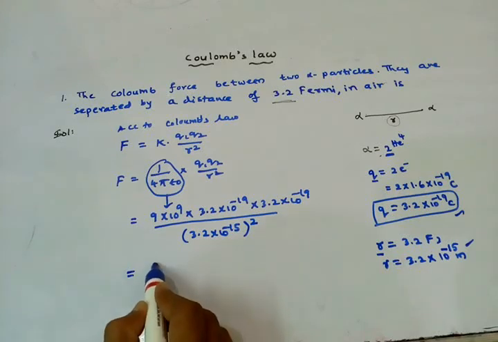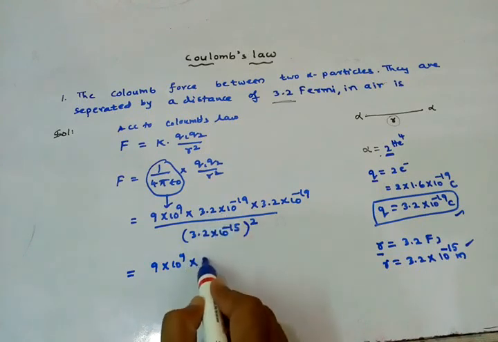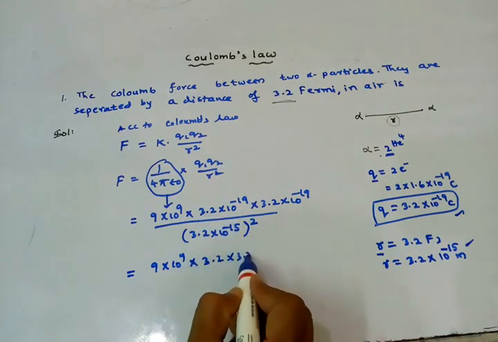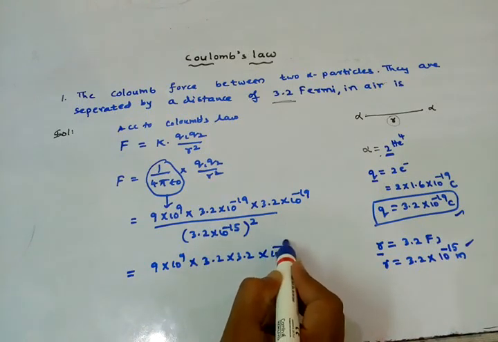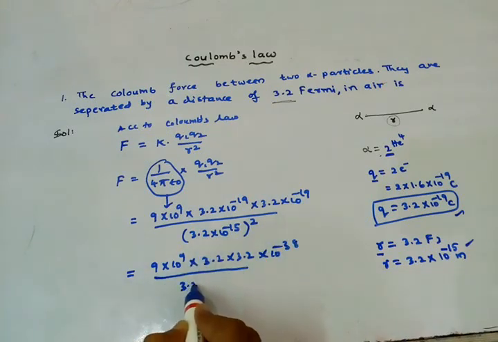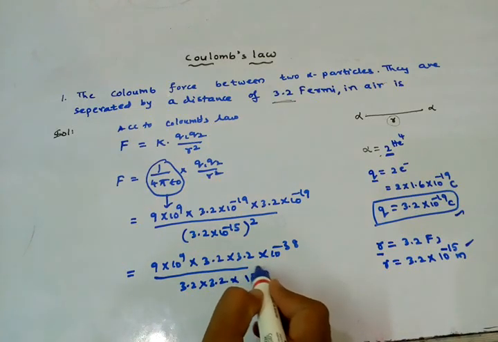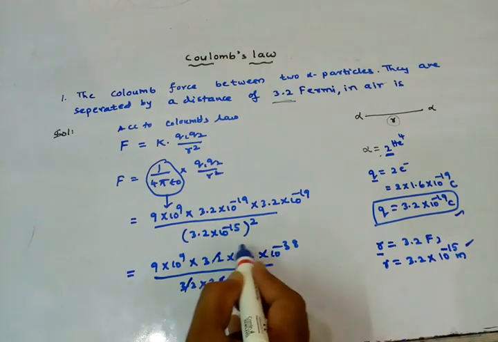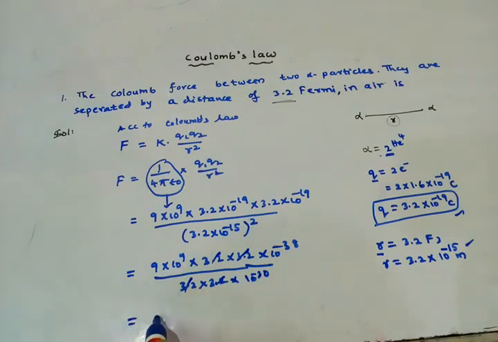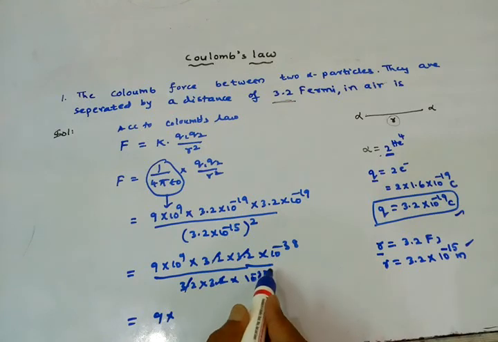See here, 9 into 10 power 9, 3.2 into 3.2 into 10 power minus 38, and the 3.2 into 3.2 in numerator and denominator will get cancelled. 9 into 10 power 9, 10 power minus 38, minus 30.